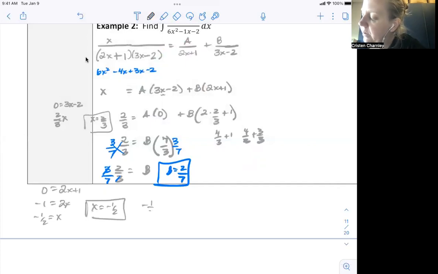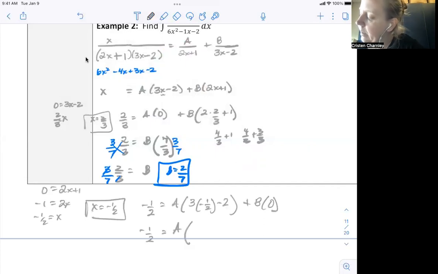So -1/2 is equal to a times 3 times -1/2 minus 2 plus b. This time this whole side is equal to 0. So -1/2. This is a -3 over 2 minus 2. This is -4 over 2. This is a -7 over 2.